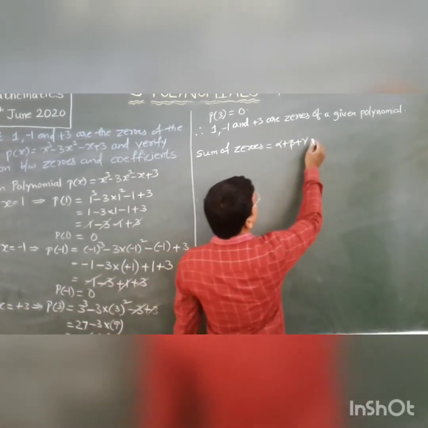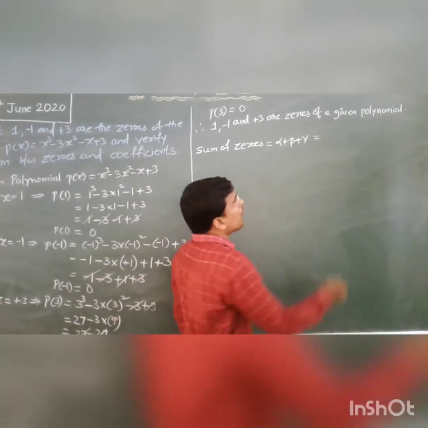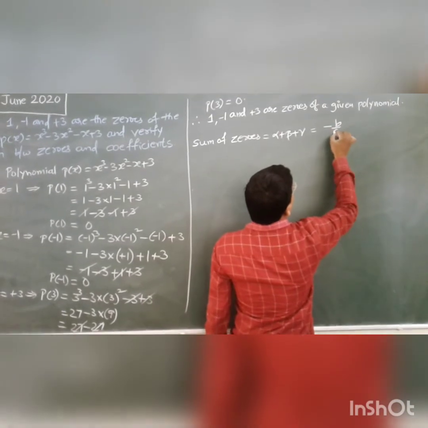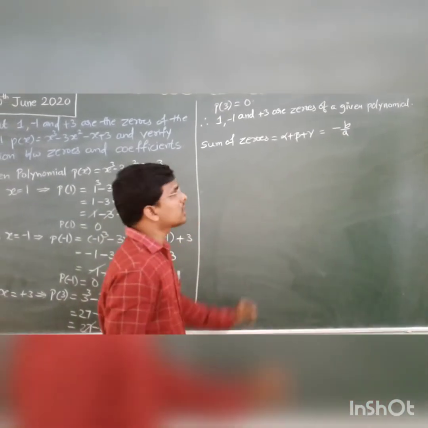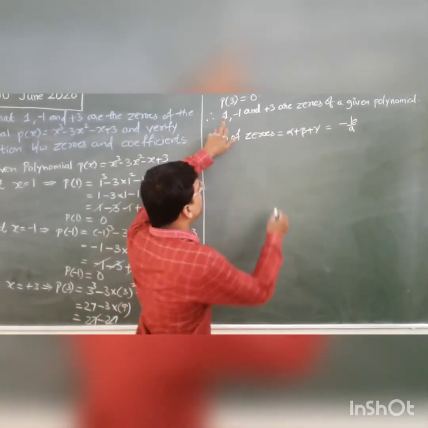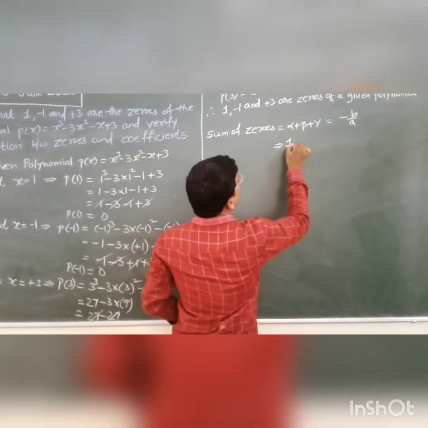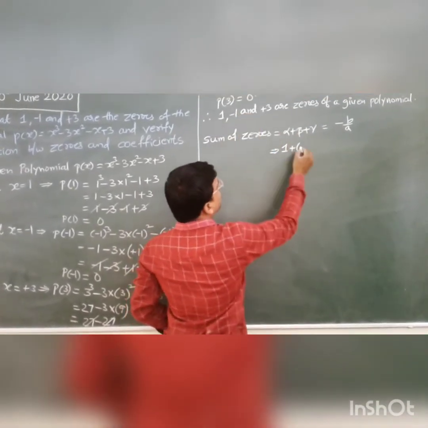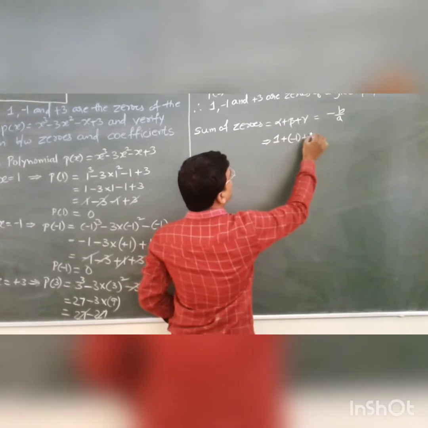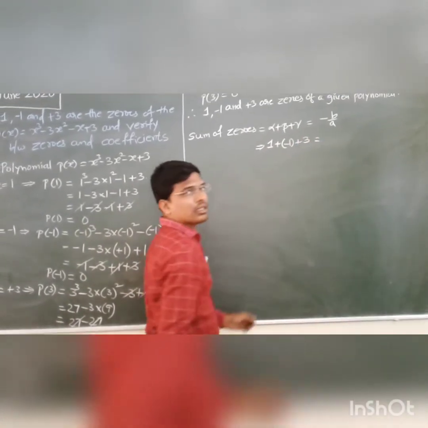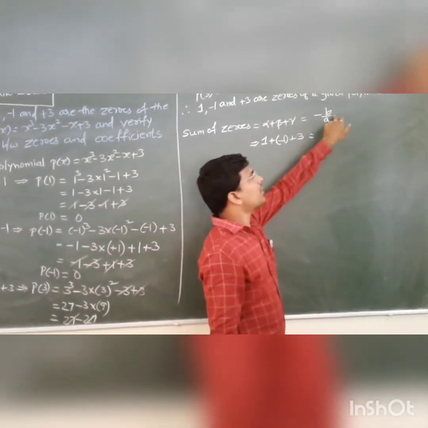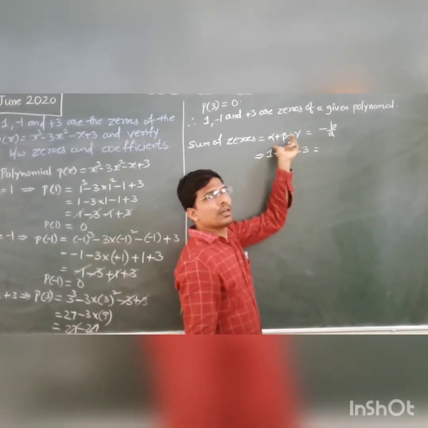So sum of zeros is equal to, what is the formula? Minus b by a, isn't it? So what is the alpha value? 1, plus beta value minus 1, plus gamma value 3. Next, right hand side, this is the coefficients of a polynomial, this is the sum of zeros.